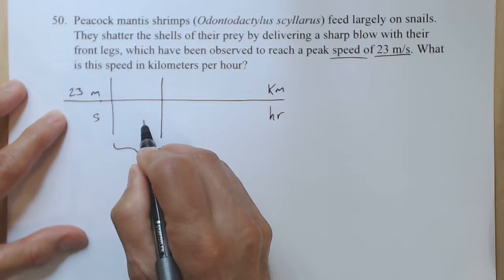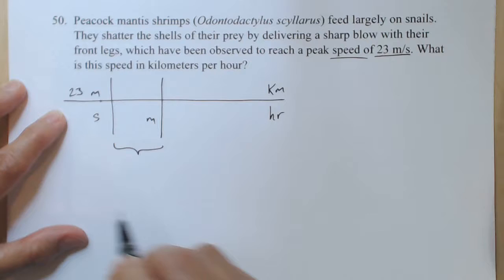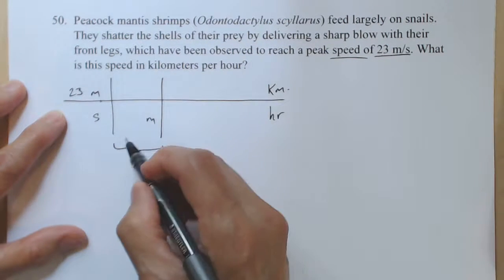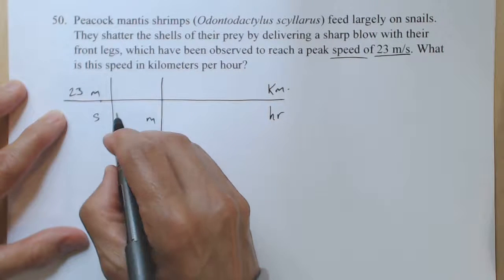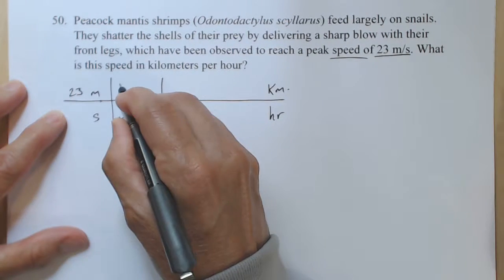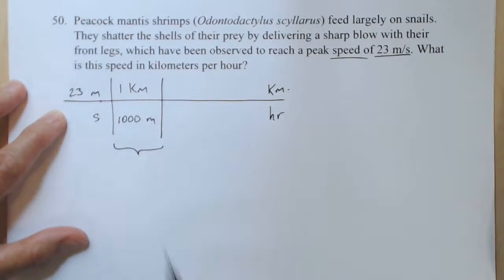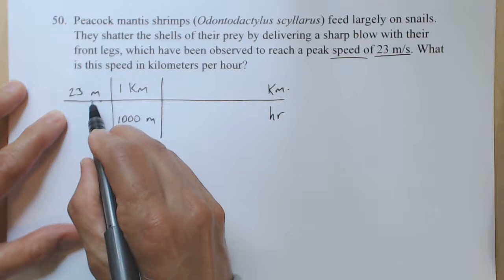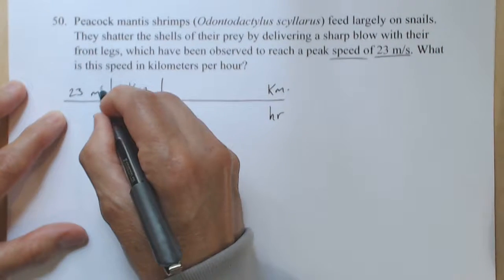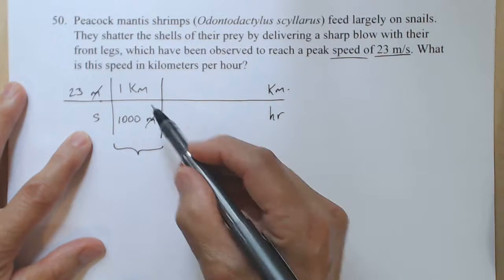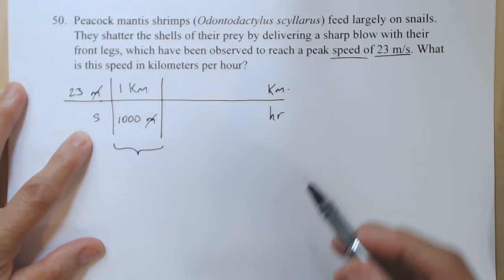So I am going to write meters, and knowing that I'm going towards kilometers, I'm going to choose the factor that equates 1,000 meters to 1 kilometer. And since meters cancels in the denominator here with the numerator here, I'll just go ahead and cancel that now.